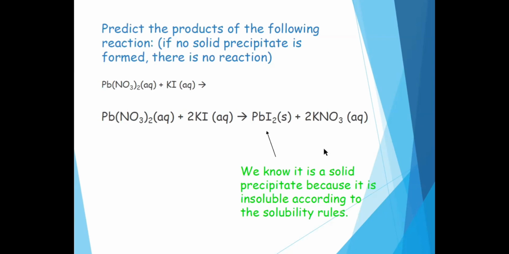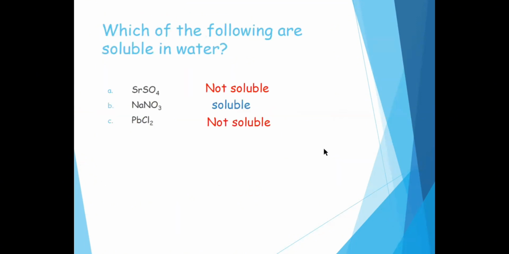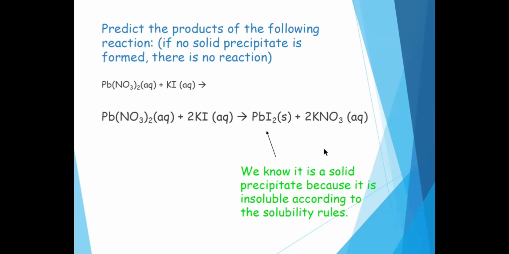And if we look at KI, KI is aqueous. If we go back to the rules, I is an iodide, and all of them are soluble except for Ag+, Pb2+, or Hg+. So this KI is also going to be aqueous. Now, if we look at the product, PbI2, that means it is lead iodide.